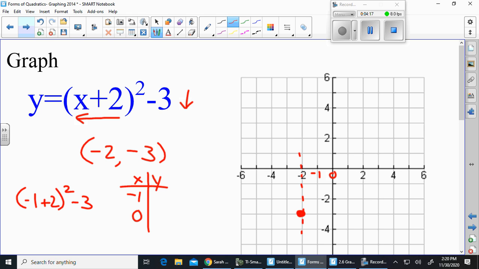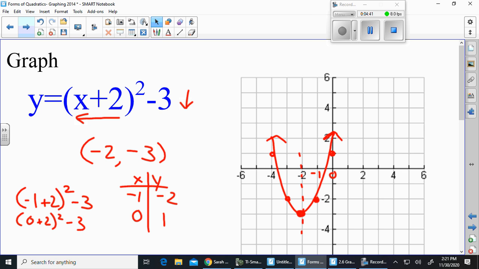Negative 1 plus 2 is 1. 1 squared is 1. Minus 3, negative 2. 0 plus 2 squared minus 3 gives you 1. So negative 1, negative 2. 0, 1. Reflect. That would be a graph.